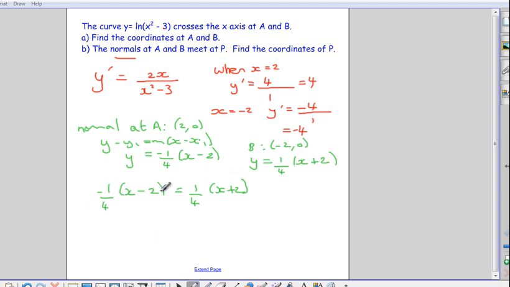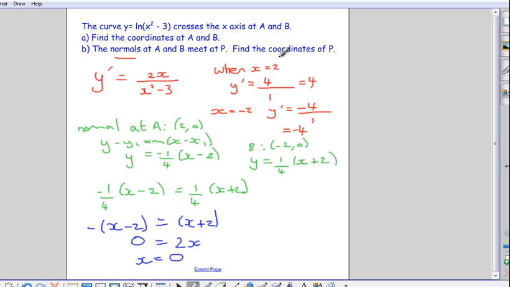So if I multiply by 4, I'm going to get minus (x minus 2), because 4 times a quarter is just 1, is equal to x plus 2. Bring it all over to one side and collect like terms. It's going to give me 2x over here is equal to plus 2 plus 2. Well, that's going to be 0. So x is equal to 0.